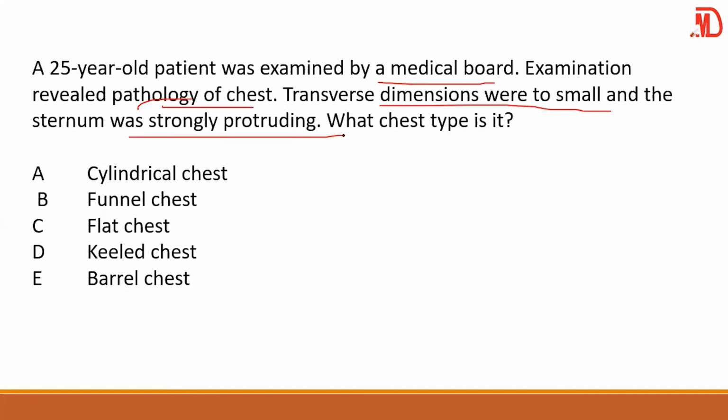If you have a protruding sternum, that means the sternum is too far out. This is also called the keeled chest, or the pigeon chest. It is a malformation of the chest characterized by a protrusion of the sternum and the ribs.